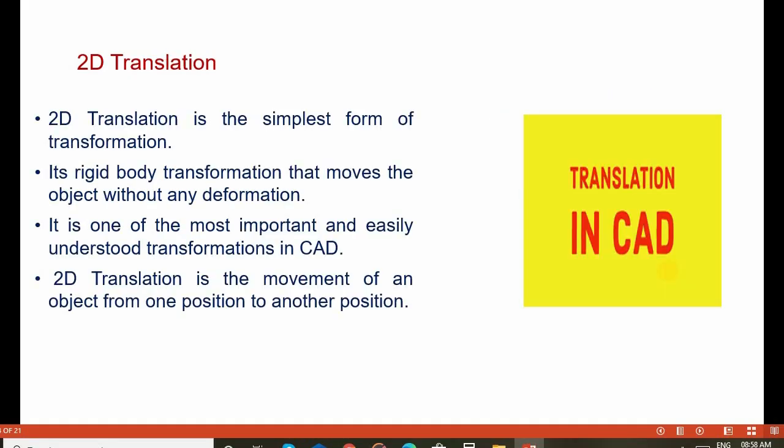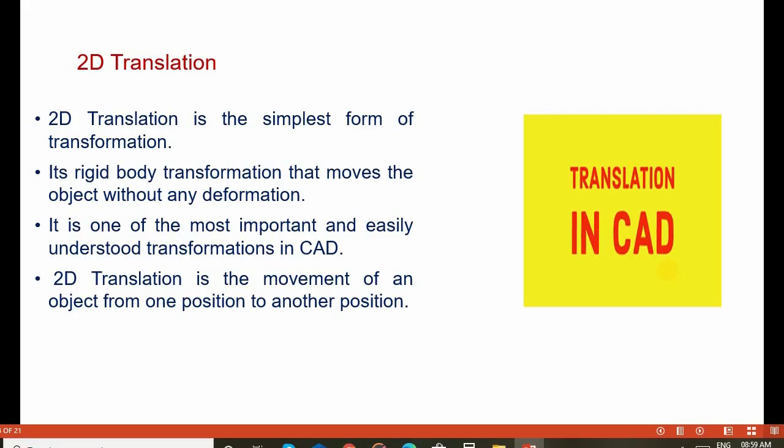First we'll look at the translation process. In two dimensions, translation is the simplest form of transformation. It is a rigid body transformation that moves the object without any deformation. Simply, it translates one coordinate system to another. It does not change the dimensions of the object; only the coordinates of the object are transferred, and no deformation takes place.